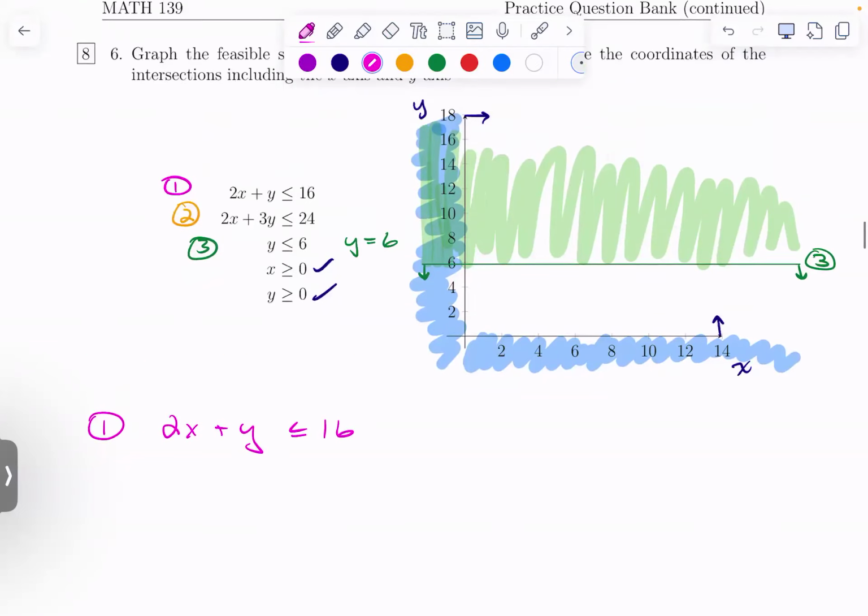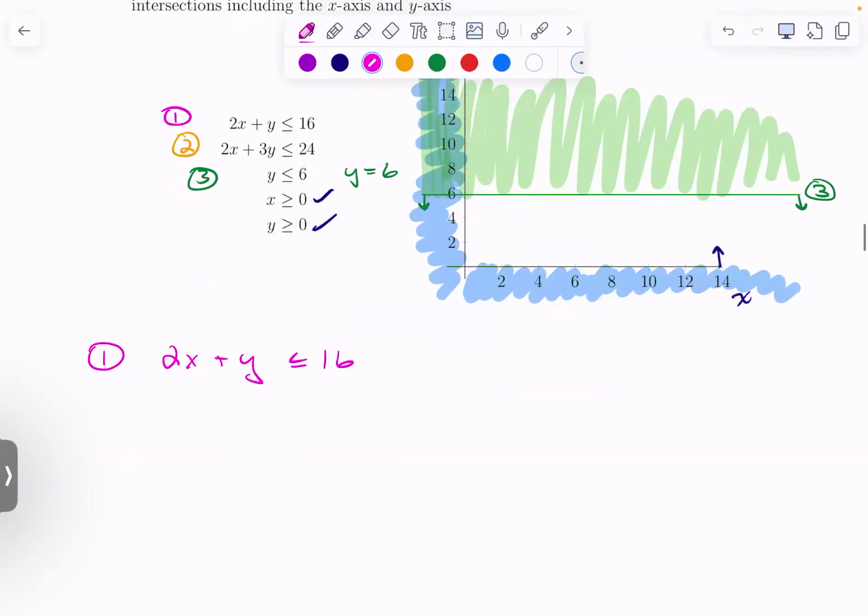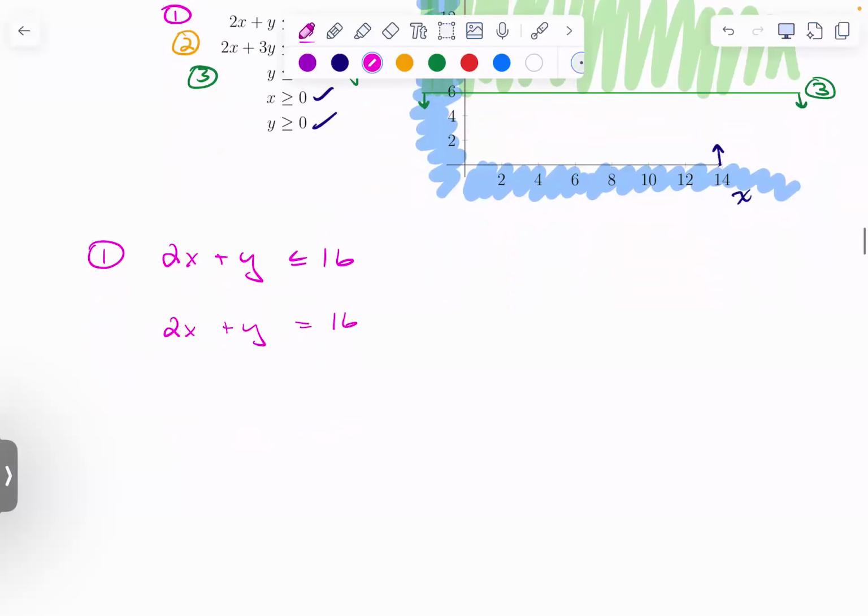If we want to draw this, we're going to draw a line at 2x plus y equals 16. If I rearrange in terms of y, it might be nice to have it in the form y equals mx plus b. You don't have to, though, but you could. Y is 16 minus 2x.